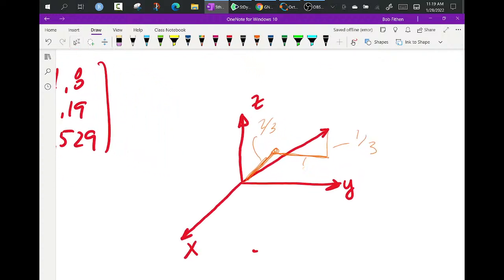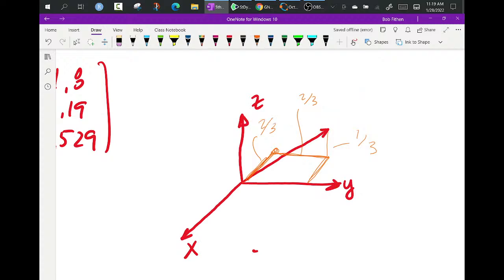So here, let me move this 2/3 over here. This is 2/3, and the reason I'm doing that is so I can complete that. So it makes sense that if you looked down this plane, this vector right here sits behind that plane.